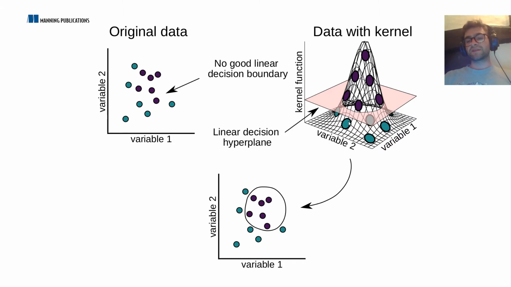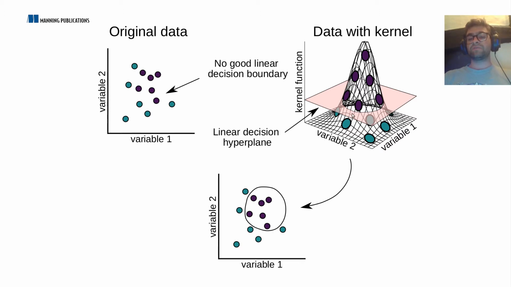And so in this example, you can see that we're stretching up the feature space from this original two-dimensional feature space into a three-dimensional feature space, where now the algorithm is able to find a linear hyperplane that actually does a good job at separating these two classes.